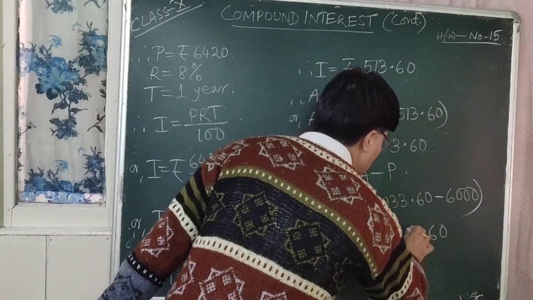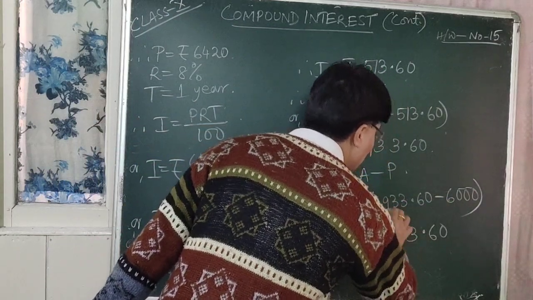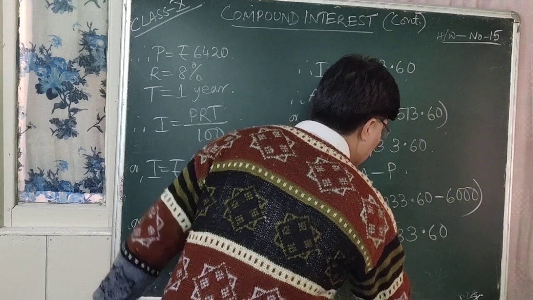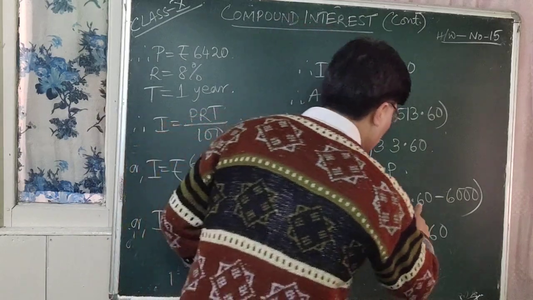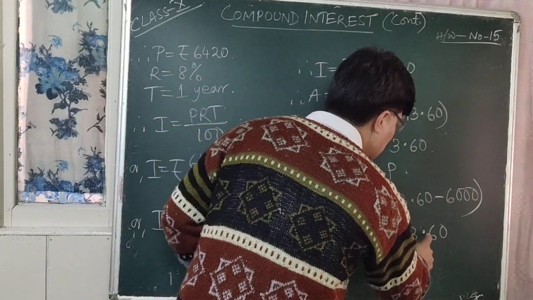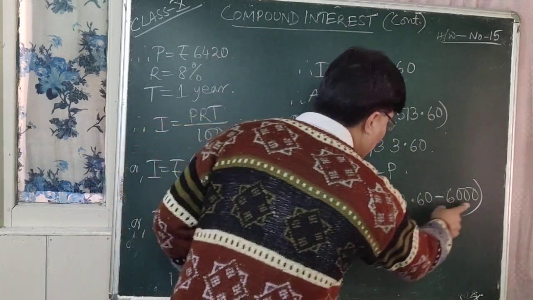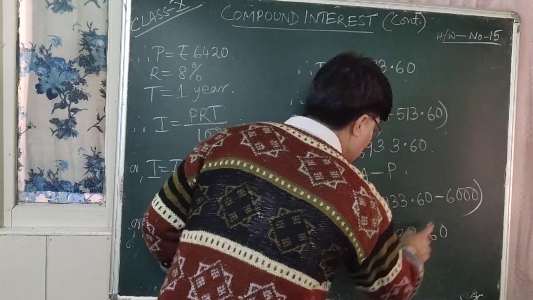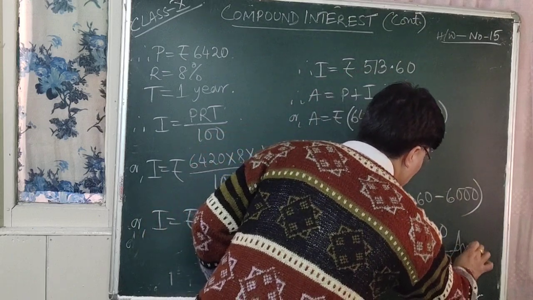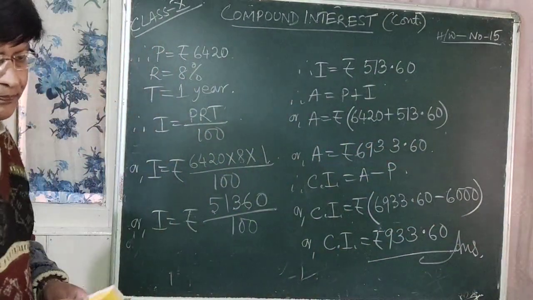Now we can subtract it. 0.60, 3 minus 0, 3, 3 minus 0, 3, 9 minus 6 is 3. So this is the final answer.